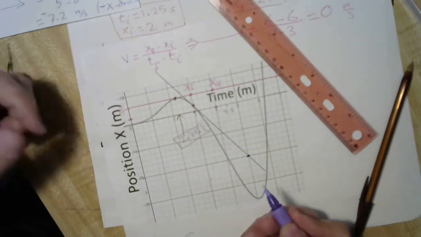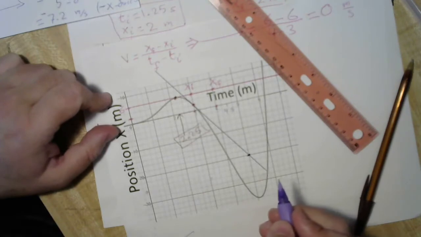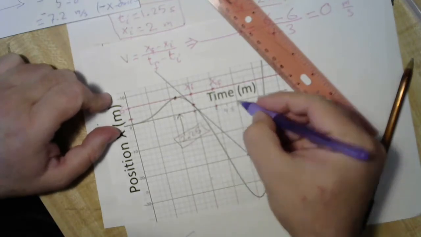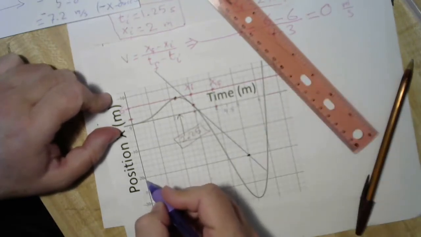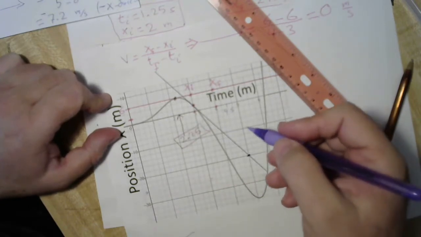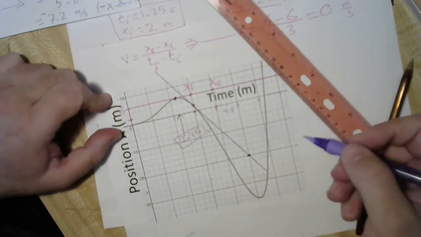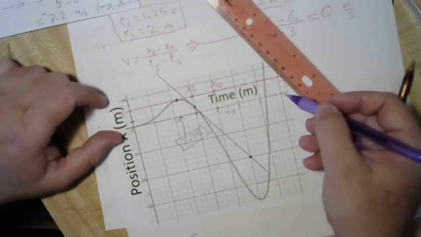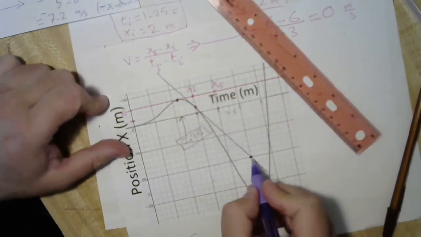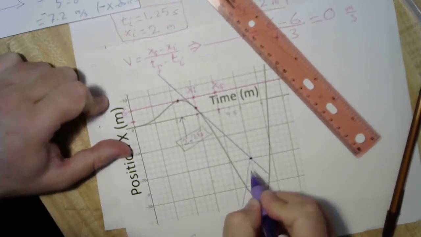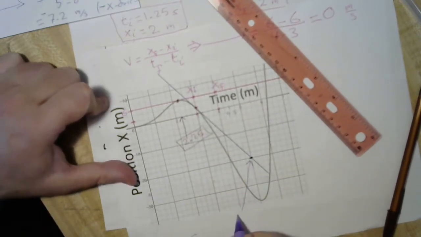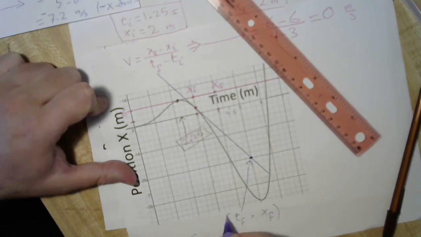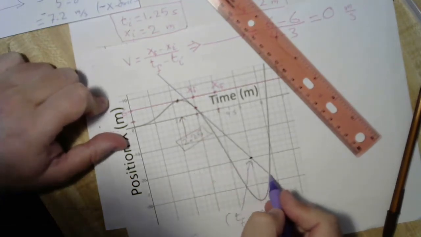So I search for any 2 points where it is easy to pick the time and the position, the x coordinate and y coordinate. I find this one. I will take it as t final and x final, and I will find, look.